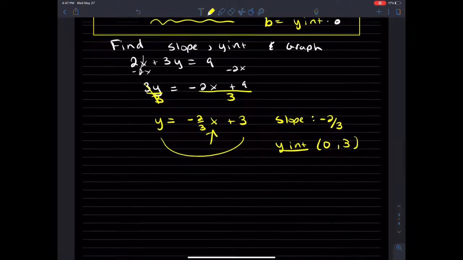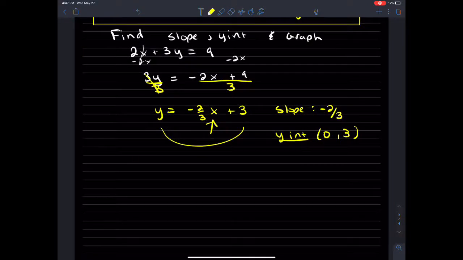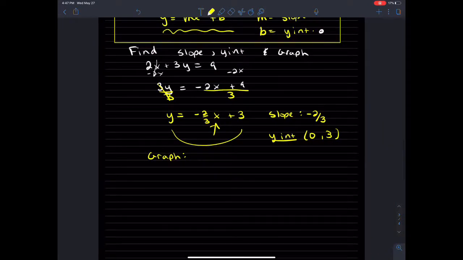It's an ordered pair. So to graph, we can actually start. This is a different way of graphing. We can find another point, but we can use our slope also to graph. But you have to start on a point on the line. You got to start at your y-intercept, which is 1, 2, 3. So there's my y-intercept. My slope is -2.